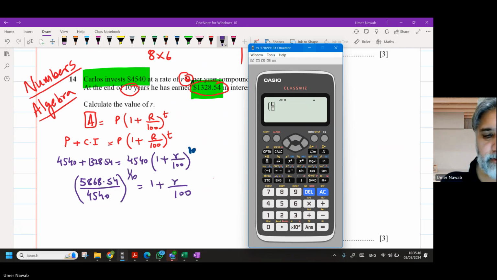Bracket open, 5868.54 over 4540, and then raised to the power 1 over 10. It gives me how much? 1.026.